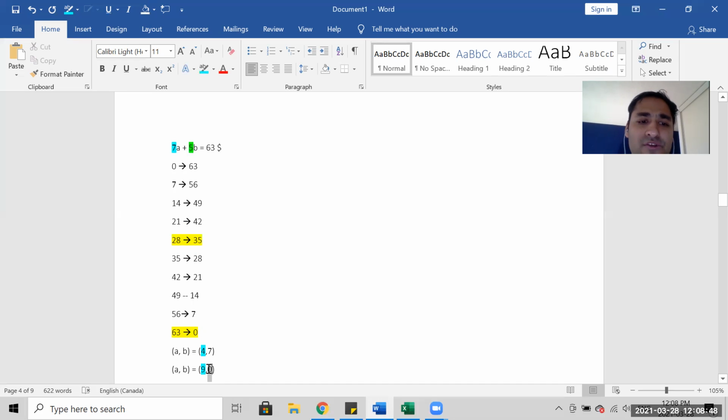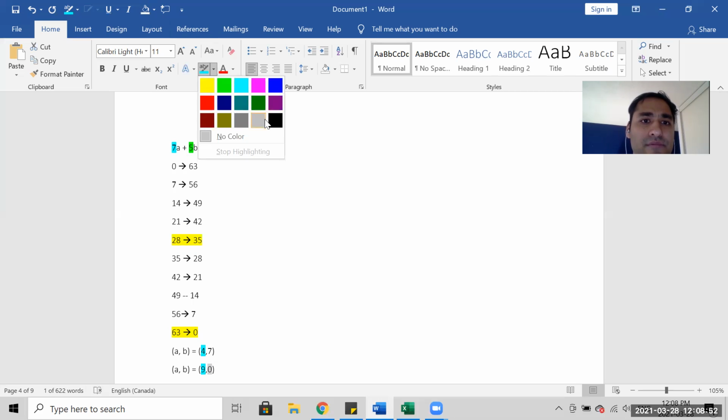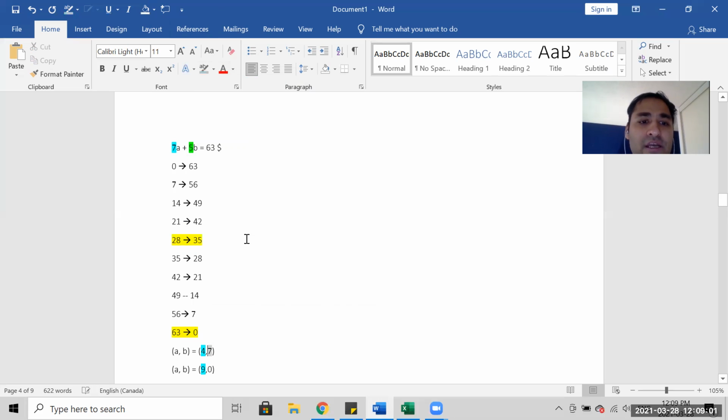And it just so happens that this difference between the 0 and this value of 0 bananas, if I'm just highlighting here, is the coefficient of the value of x.